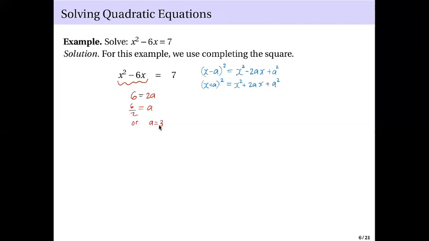And therefore, you have a squared equals 9. So what we're going to do is to add 9 on this side and also add 9 on this side.